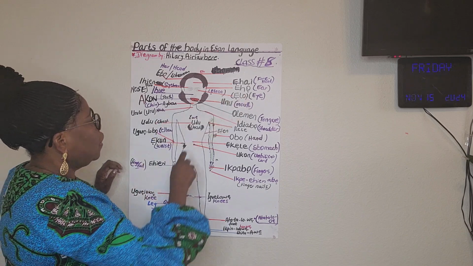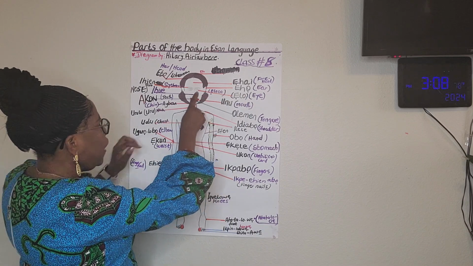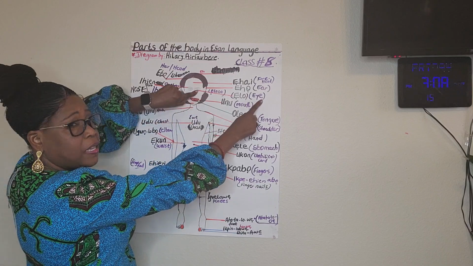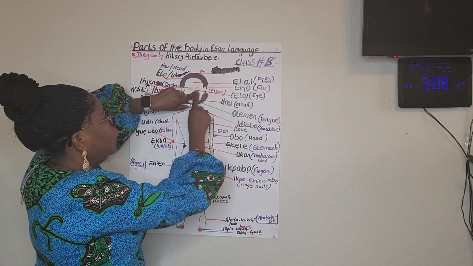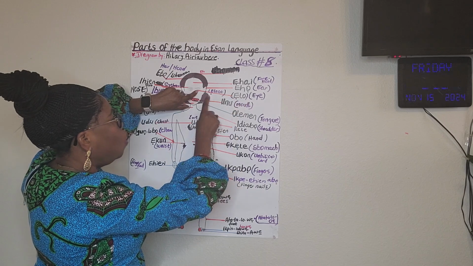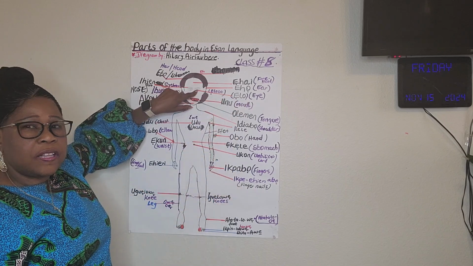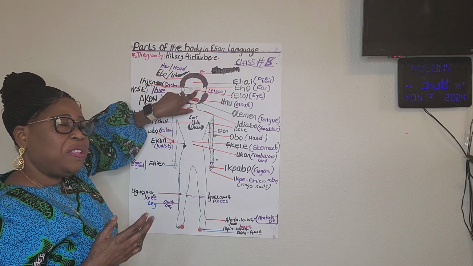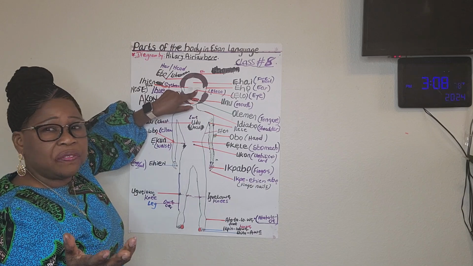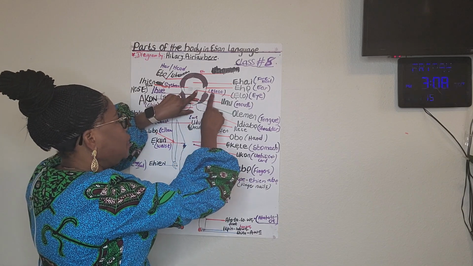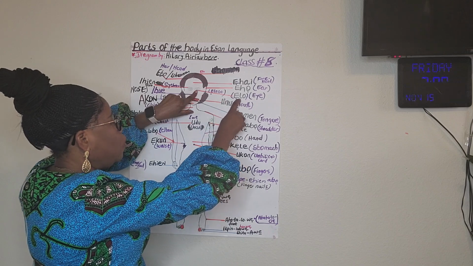Okay. Coming down, you see eye. This is human eye, and that's the eye, right? And it's called elo or elolo in ESAN. Okay? The accent could be different depending on the part of ESAN you are, but it's eye, it's elolo or elo.